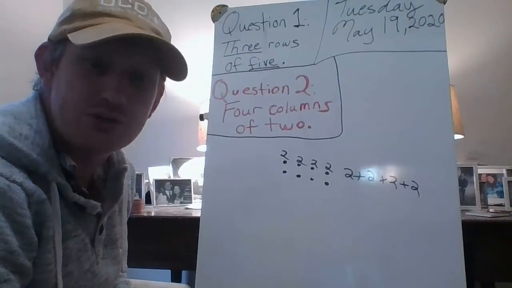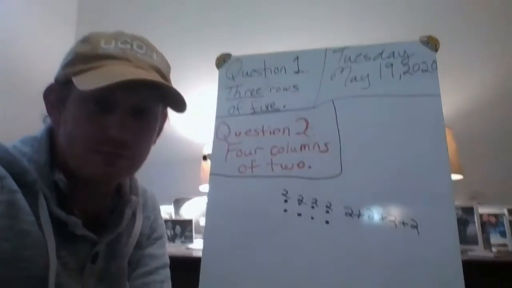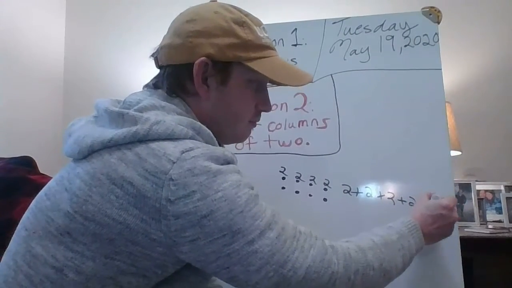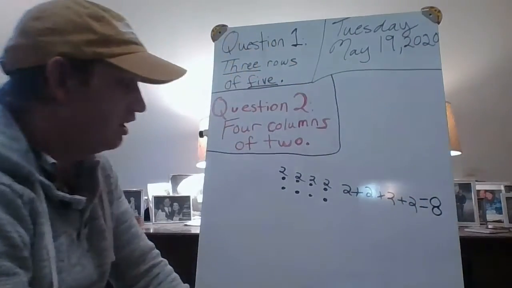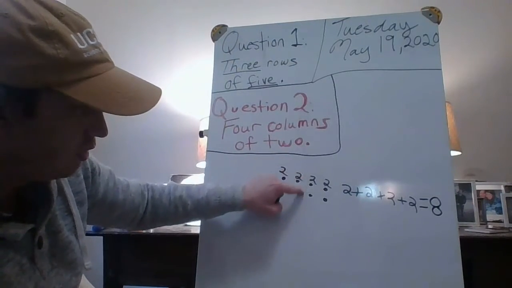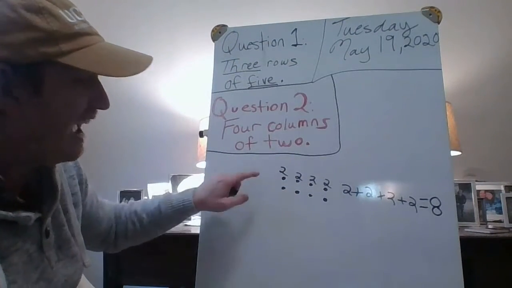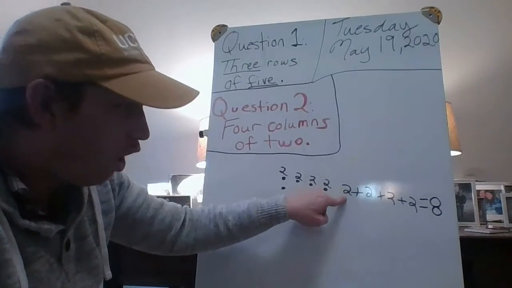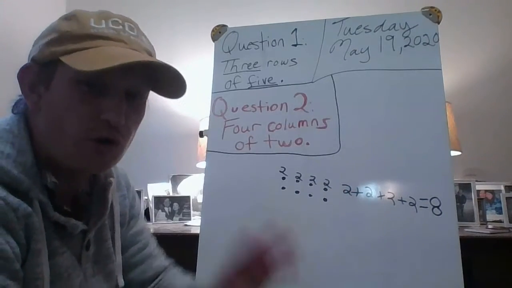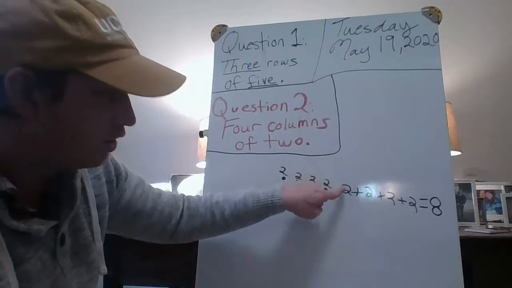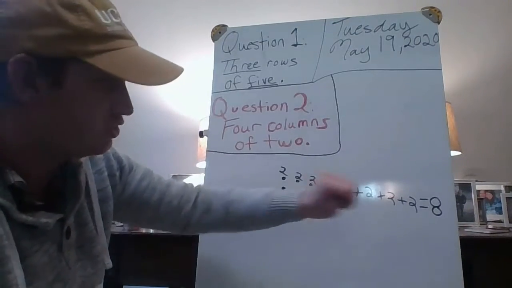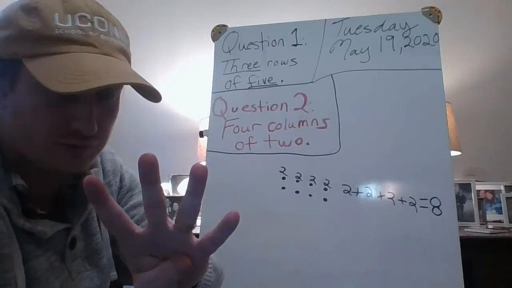And 2 plus 2 plus 2 is 8. So that's if we're going by our columns. We have 2 4 times. 1, 2, 2 2s, 3 2s, 4 2s.